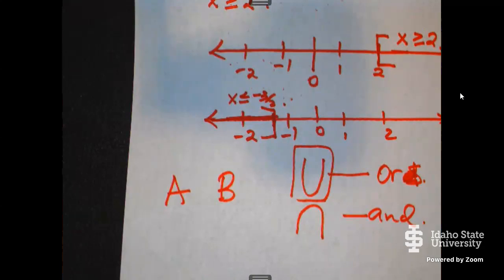Then for AND, these are elements which are in A and what? B. So there should be elements which are in A and B, not the elements which are in A and not in B. Okay? So for the OR, those are all the elements which are in A and B. It doesn't matter whether they are in A and B or A alone. So for the OR, we include all the elements.